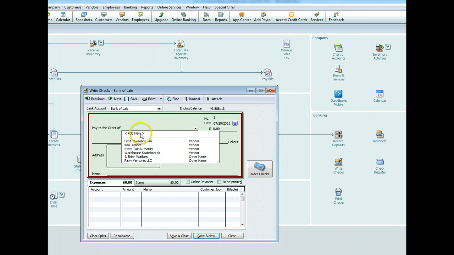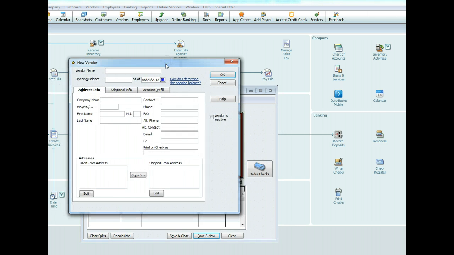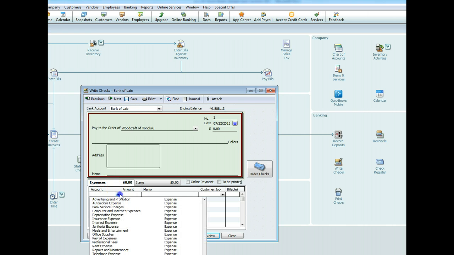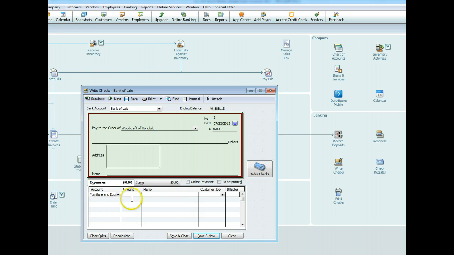We're going to add a vendor here named Woodcraft Honolulu. And it's now the 22nd. And we're going to put this in a fixed asset. This is furniture and equipment. Okay.